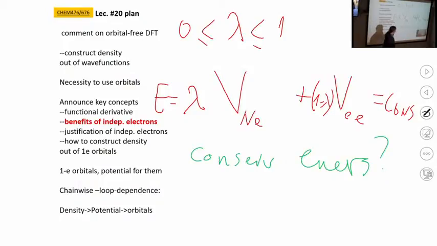So it is a strange equation that includes electron repulsion and electron and nuclear attraction, right? In the real world, we do not have freedom to select what is the energy of electron attraction to ions and what is the energy of electron repulsion.